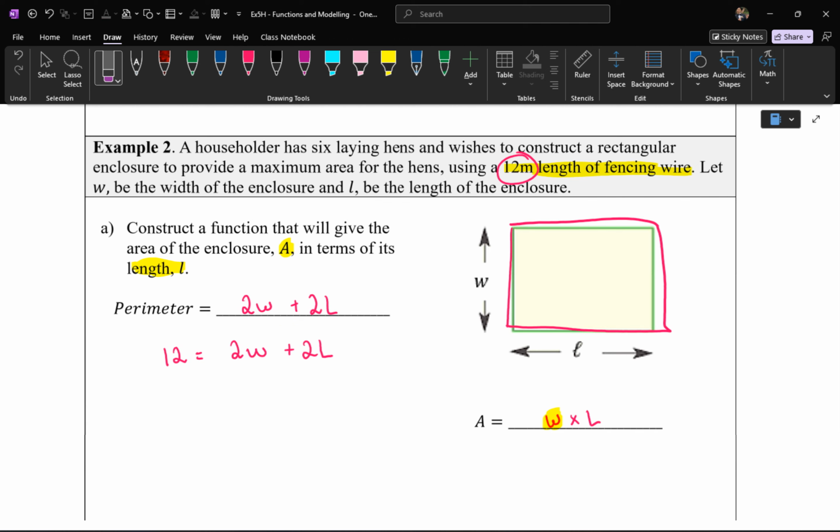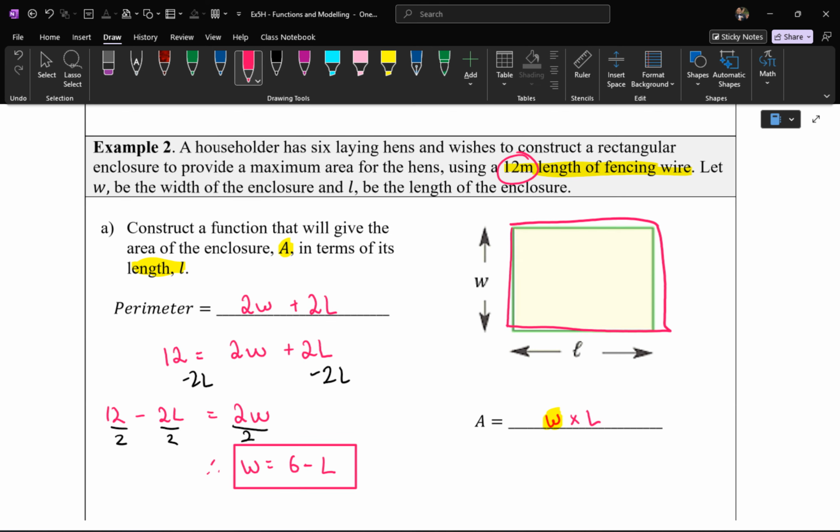So here, you can rearrange it now. Move the 2W across, so minus 2W on both sides. 2L, sorry. You will now have 12 minus 2L is equal to 2W. And therefore, if you divide both sides by 2, W should equal 6 minus L.